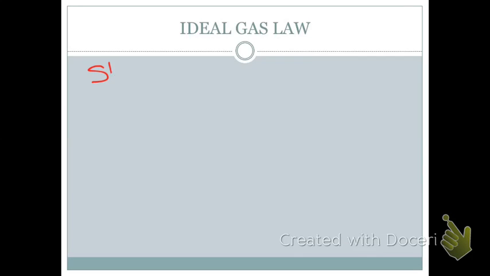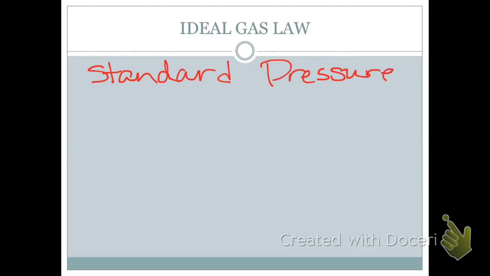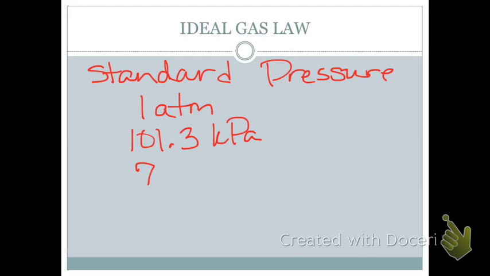Okay? And finally, one extra little reminder. Remember your standard pressures. And remember that your standard pressure can be in atmospheres, in which case it's 1 atmosphere. It can be in kilopascals, where it is 101.3 kilopascals. It can be in torr, when it's 760 torr. It can be in millimeters of mercury, where it is 760 millimeters of mercury.